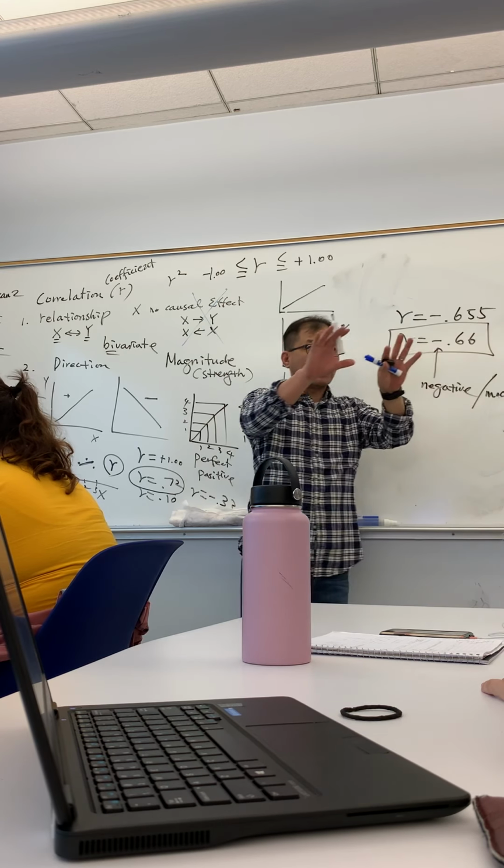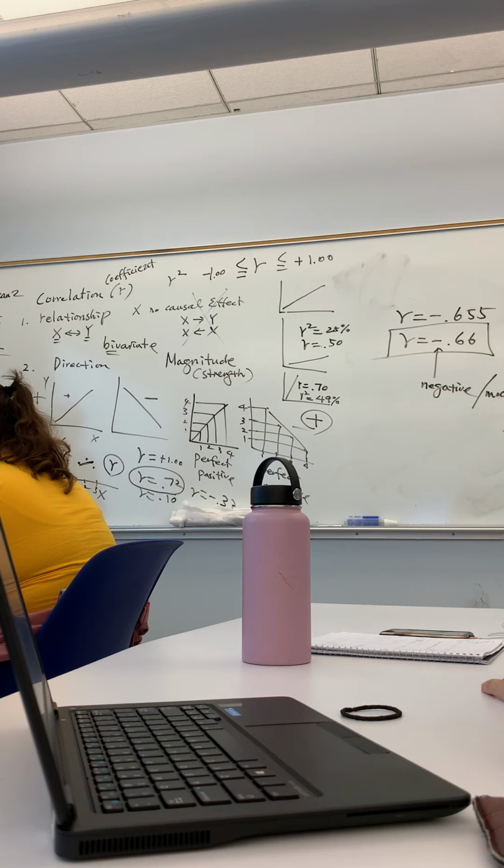Good? That's how you interpret this table. Negative 0.655. Any questions so far?